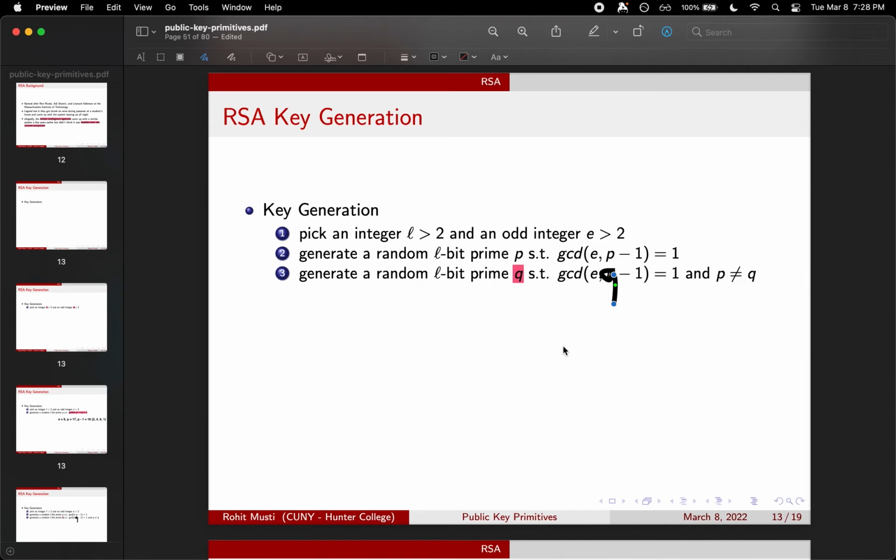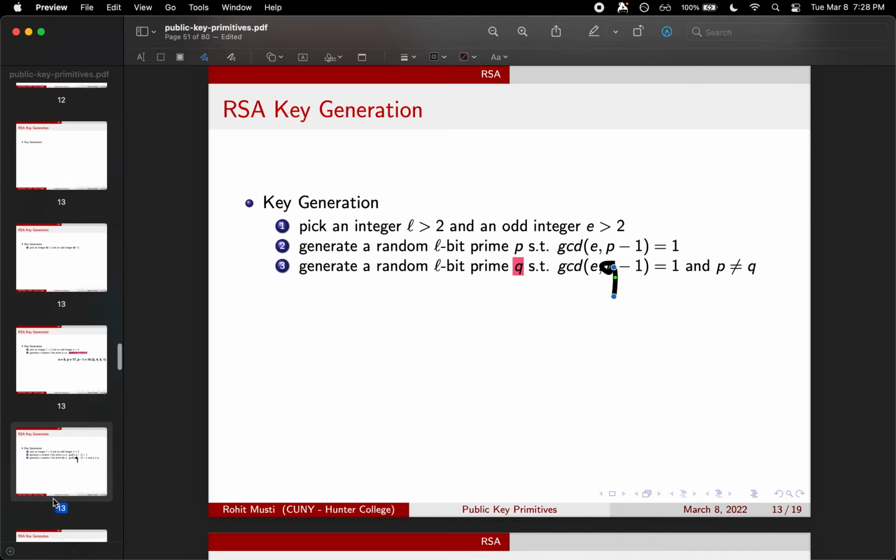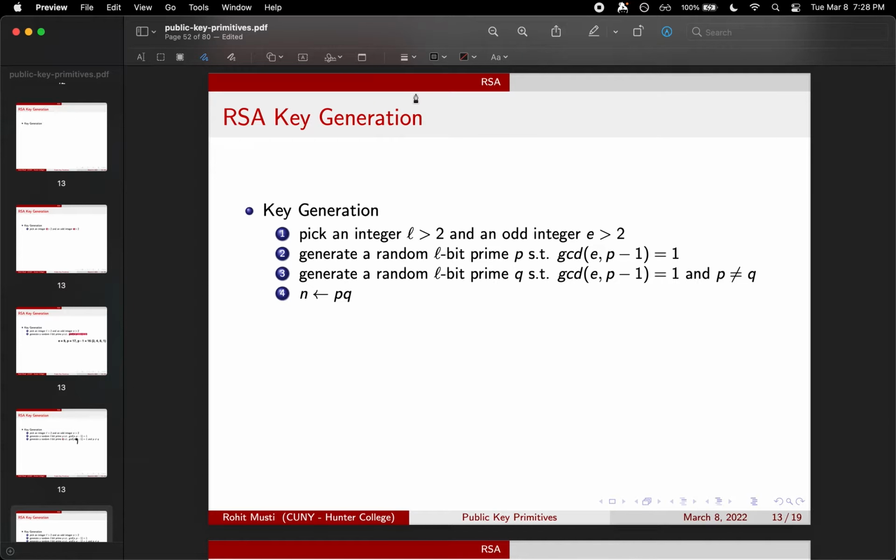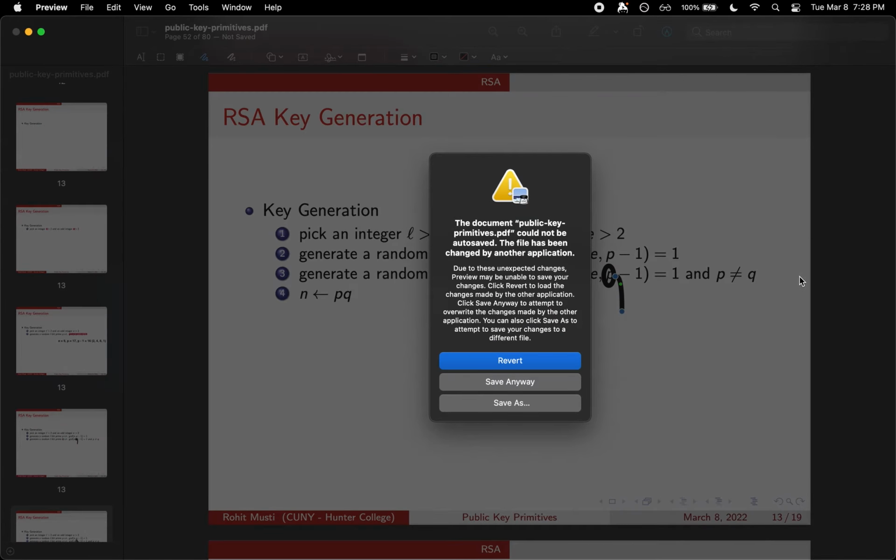This is supposed to be a P. So at this point, we have two numbers, P and Q, and P does not equal Q, and the greatest common divisor of E and P is 1, and the greatest common divisor of E and Q is 1.